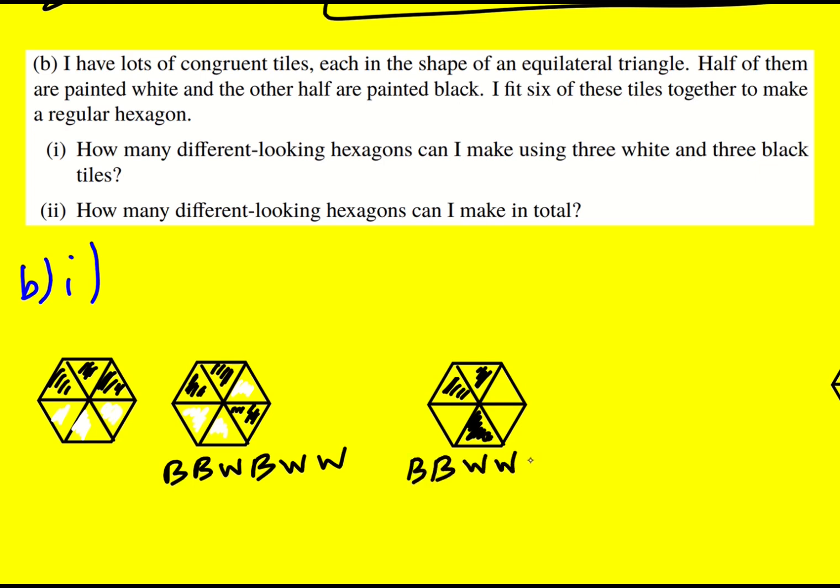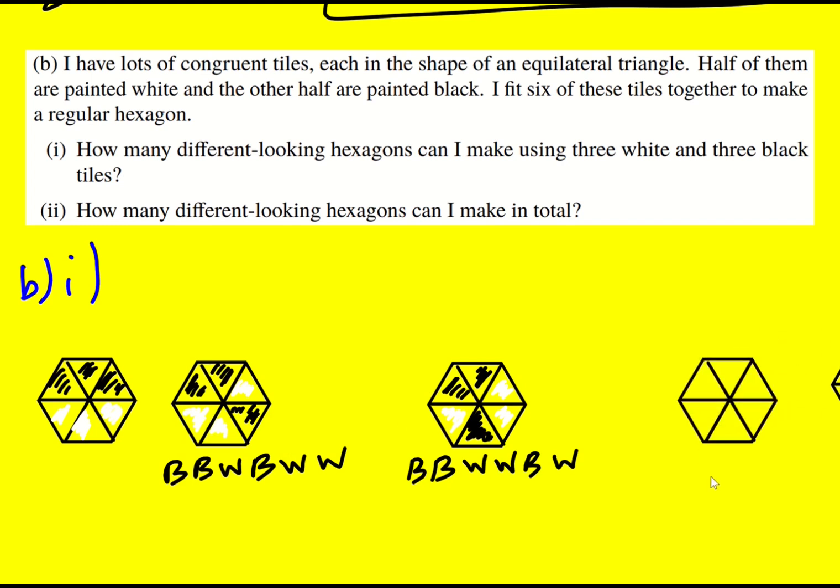There's no way I can swap them around, move this one to the front and move this down to give the same as that one. But notice if I move it again, I'm back to getting this one. So those are all the different possibilities where I have two blacks next to each other and then one black away.